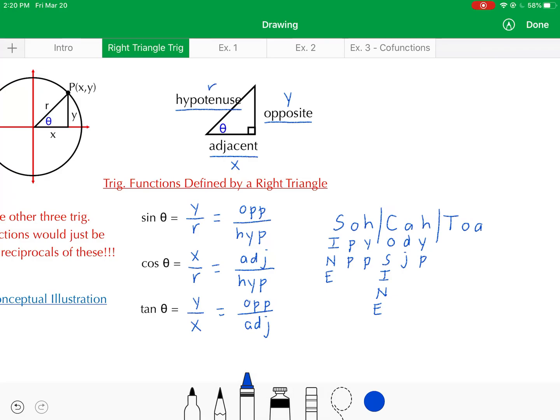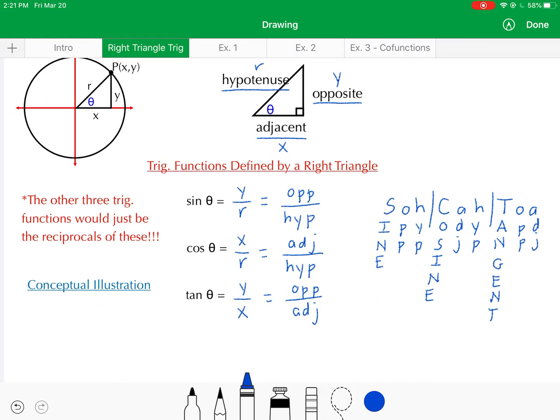And then the third syllable, T stands for tangent, and O opposite, A adjacent, right? So tangent is the opposite side length divided by the adjacent side length. Real easy way to help remember each one of these definitions. And then, of course, our reciprocals are still at play for secant, cosecant, and cotangent, right?